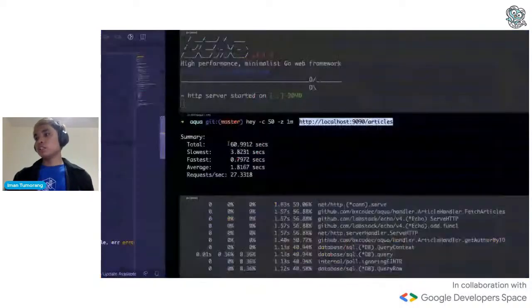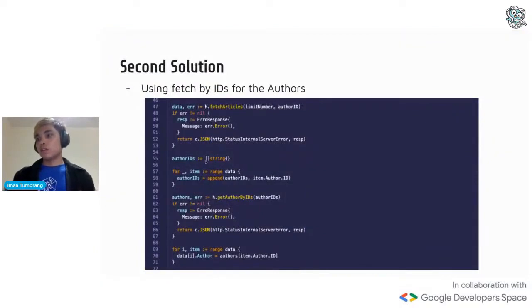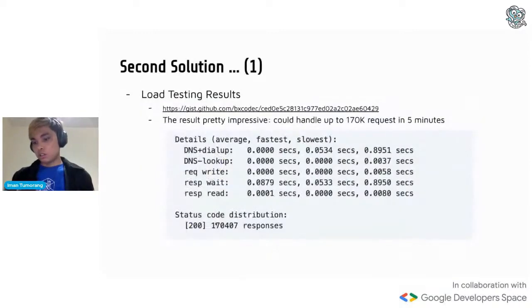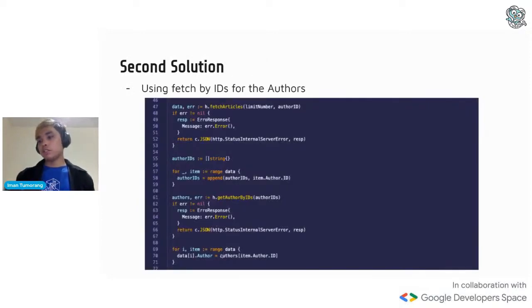And then what I've done is, instead of passing to a goroutine one by one, I made an array of the author IDs, and then I create a new function, get author by IDs, passing the array of the authors. After that, I assign its author to its article. This function will return a map of authors based on the author ID.